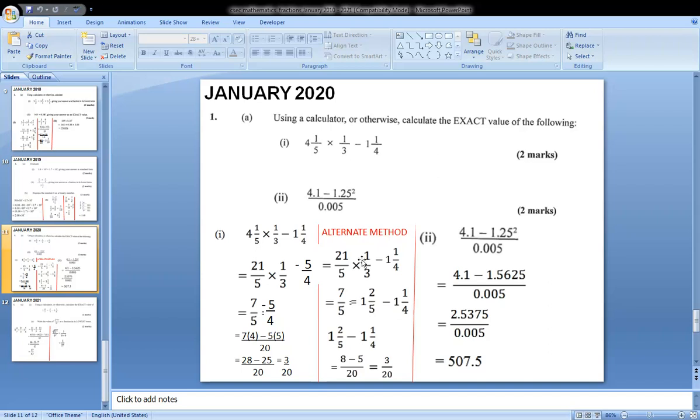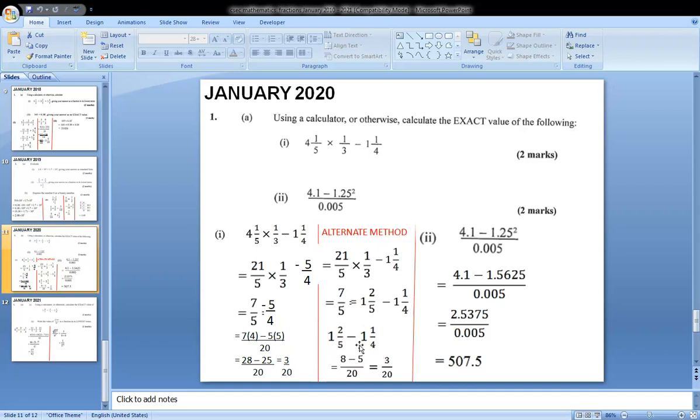All we would have done is, after we change to the improper fraction, we would keep the mixed fraction as it is. And then when we subtract, we got 1 and 2/5, and then we take that from 1 and 1/4.